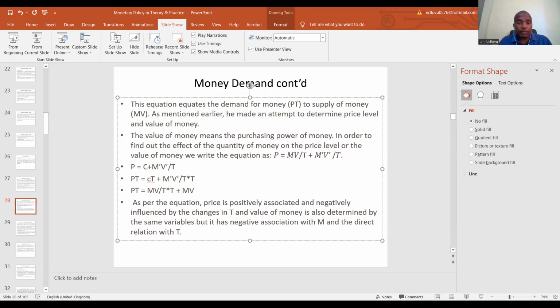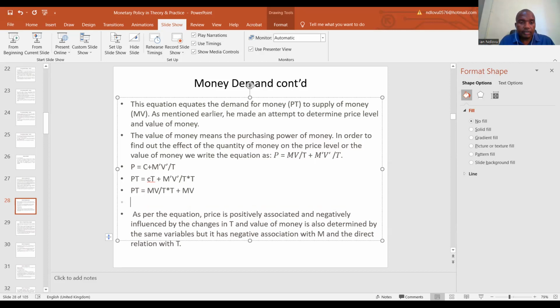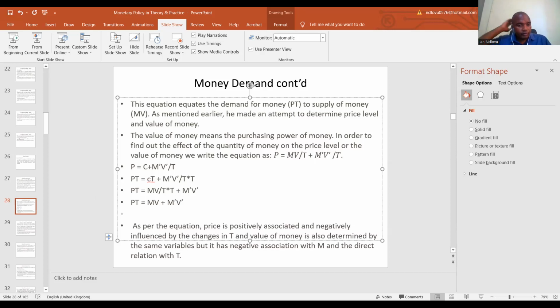We're just moving backwards, which gives us PT is equal to MV plus M prime V prime, which is where we started.